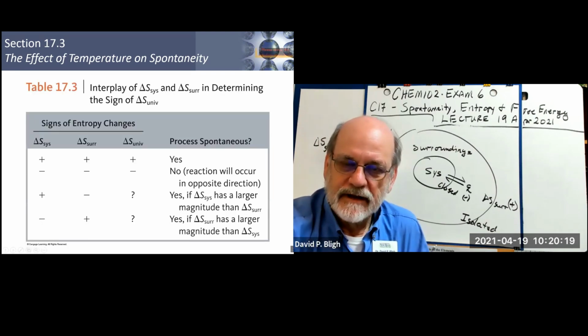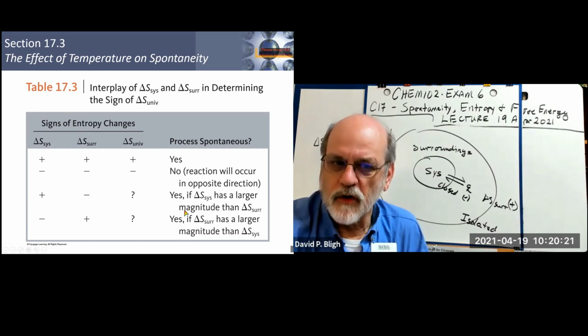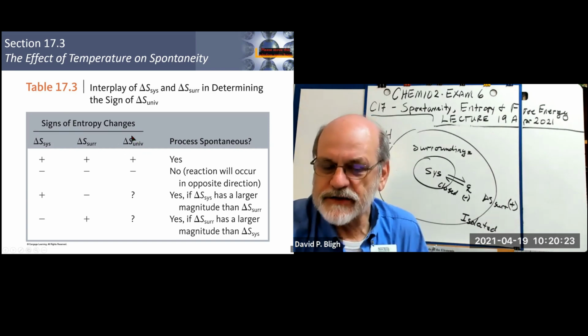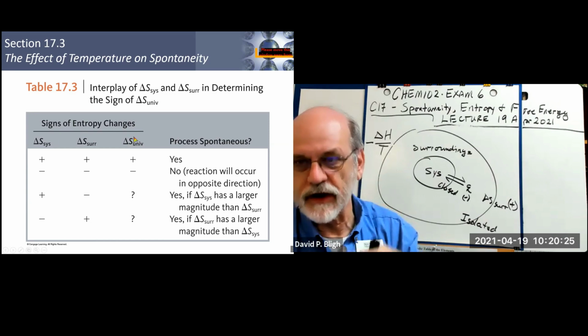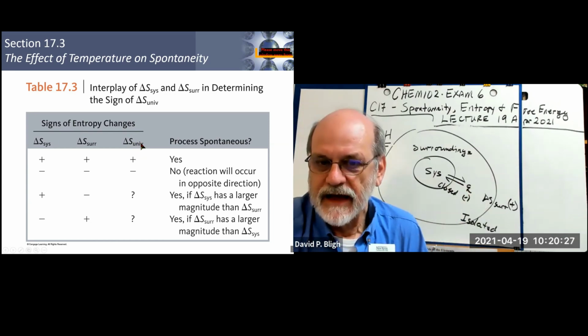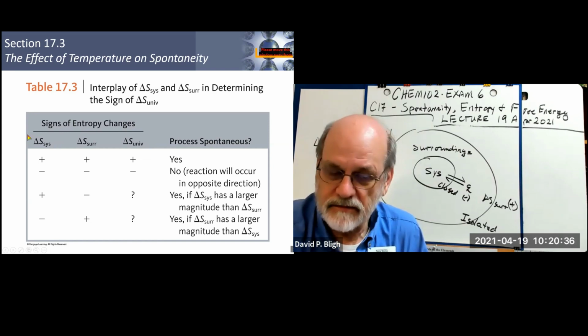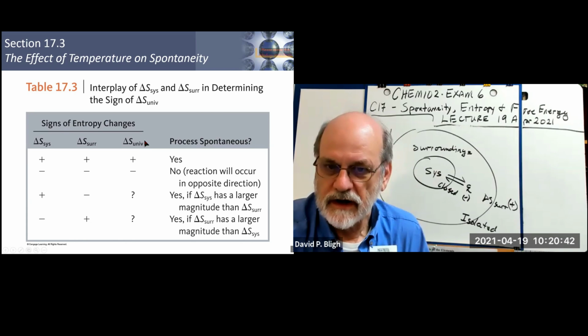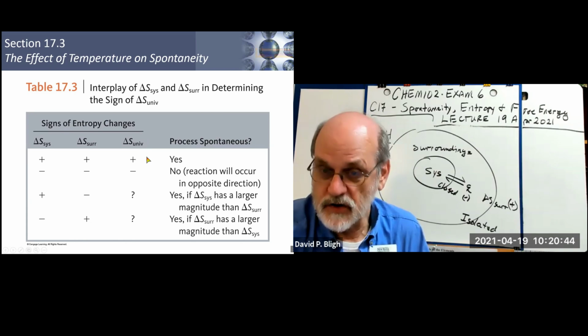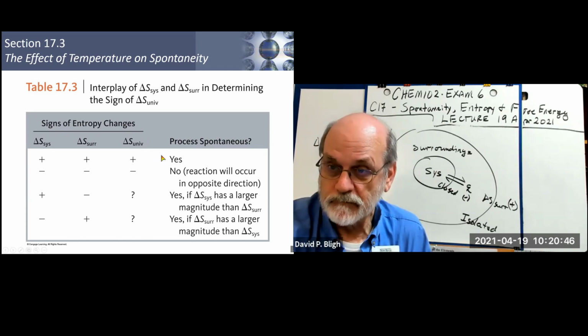Okay, now let's go back to that original formula where we had delta S total, that's my total, the universe. And spontaneous means delta S total is positive. Non-spontaneous is negative. So you add the delta S of the system together with the delta S for the surroundings, you get the total. And if it's positive, you have a spontaneous reaction.